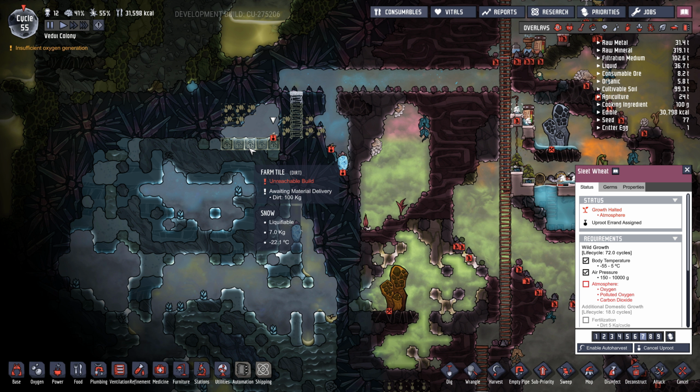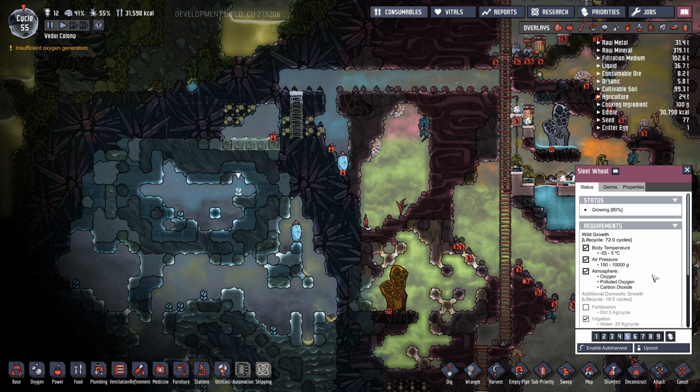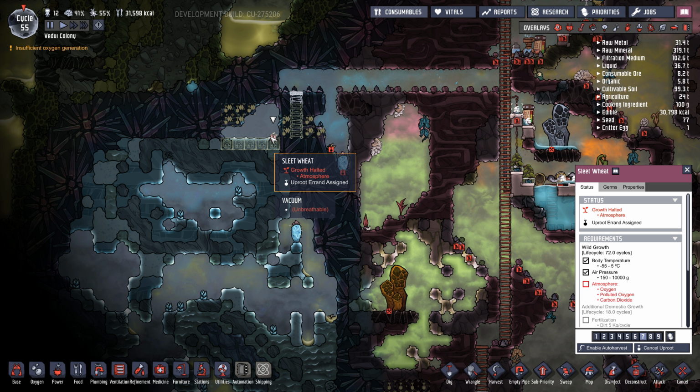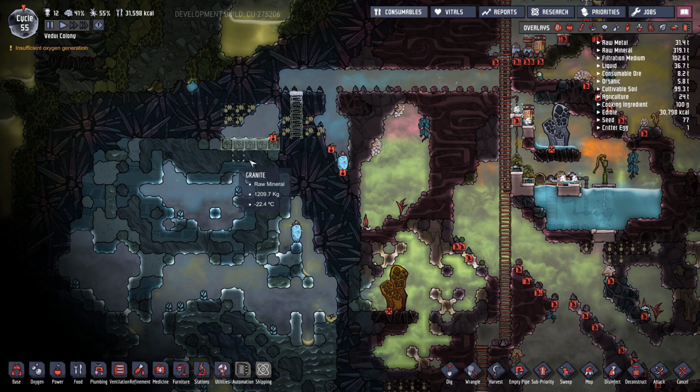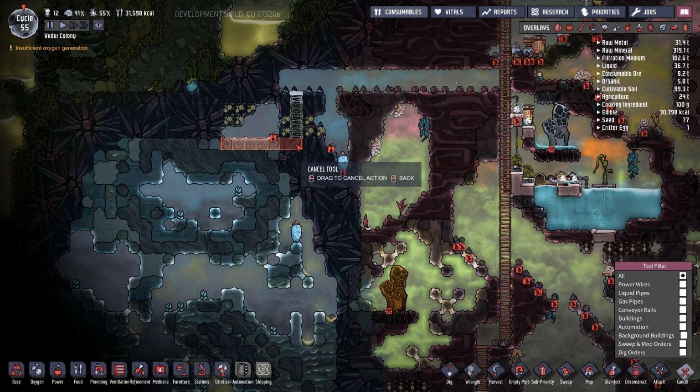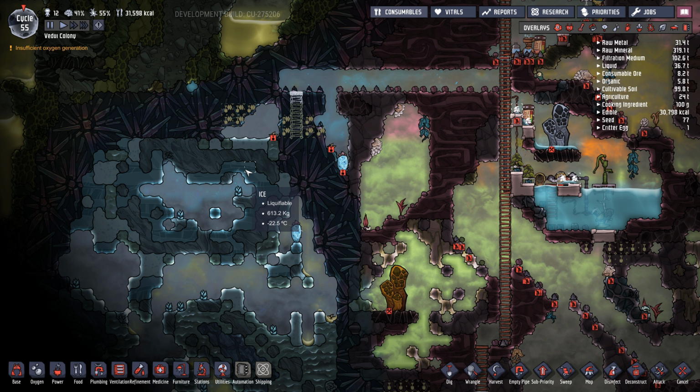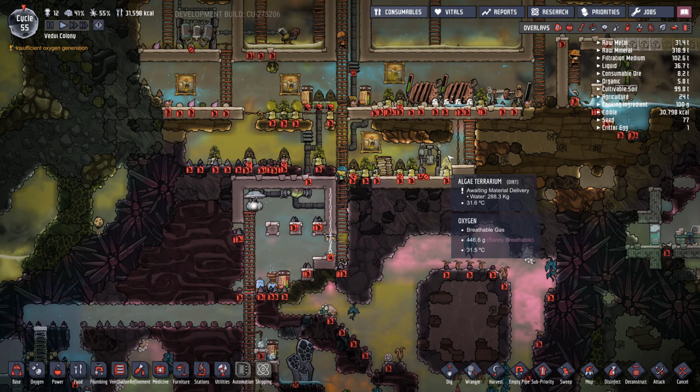The problem though seems to be that it needs a temperature of minus 55 to 5. So I'm going to try and grow some here. And maybe this is the bad place actually. Maybe I'll sink it down a little bit to get some more ice and everything. That should be good.